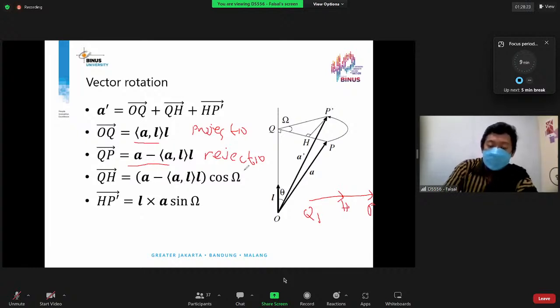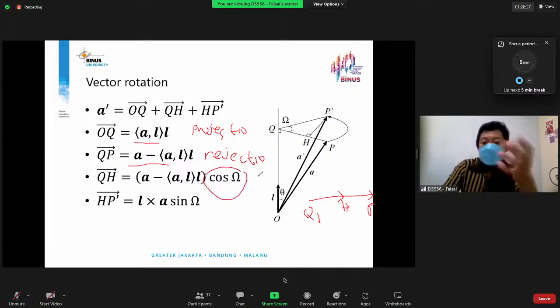And what is the multiple? We can prove that the scalar is cos omega.